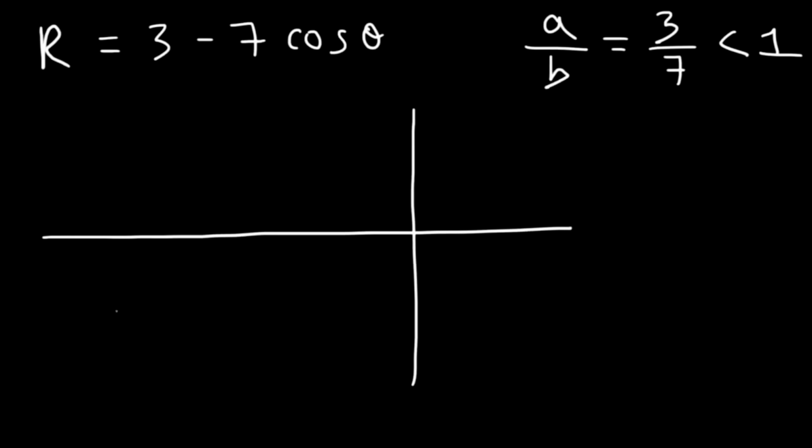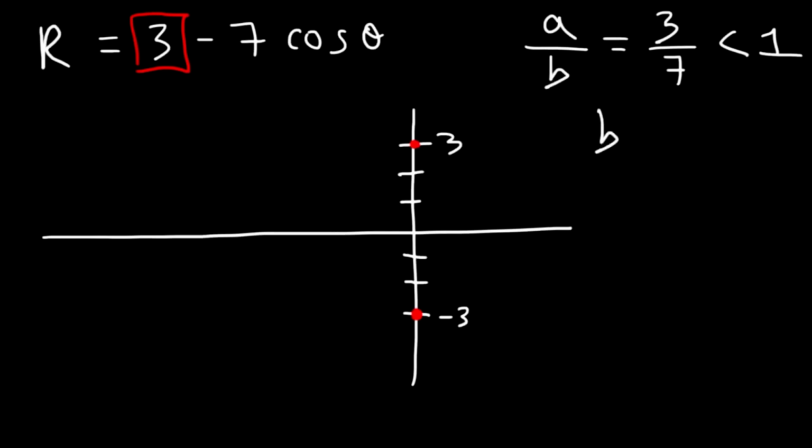Now, a is associated with the y-intercepts when dealing with cosine. When dealing with sine, as we saw in the last example, a is associated with the x-intercepts. So we're going to travel 3 units up and 3 units down to get the y-intercepts when dealing with cosine. For sine, you need to know that a is associated with the x-intercepts.